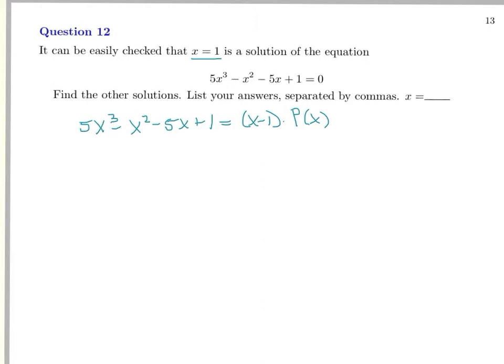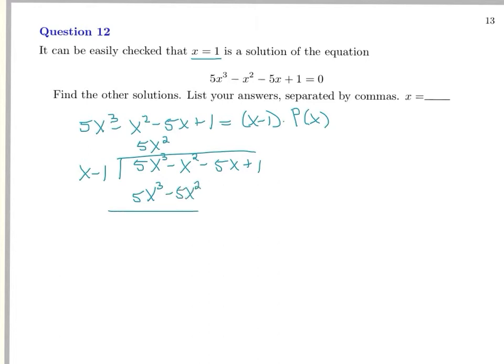So how do I find my p of x? Well, I use long division. I'll take 5x cubed minus x squared minus 5x plus 1, and I'll divide by x minus 1. So I get 5x squared: 5x cubed minus 5x squared. Subtract, I get 4x squared. Bring down the minus 5x plus 1. Then x goes into 4x squared 4x times.